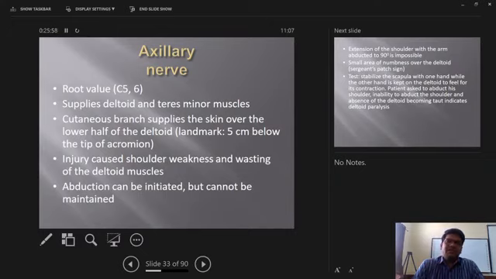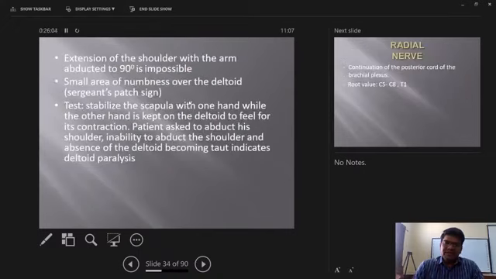Abduction can be initiated but cannot be maintained. Extension of the shoulder with the arm abducted to 90 degrees is lost. There is a small area of numbness called the regimental badge area, or the surgeon's patch sign, or regimental badge sign.